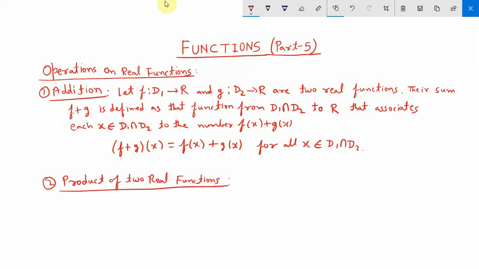Here, if f and g are two real functions with D1 and D2 respectively as the domain of f and g, then their product f into g is a function from D1 intersection D2 to R. So we can define this as: let f from D1 to R and g from D2 to R be two real functions.